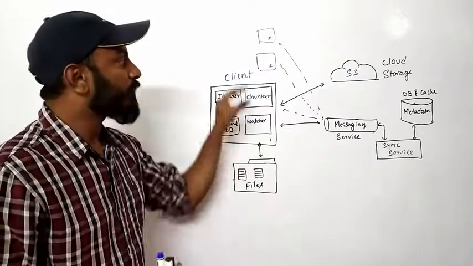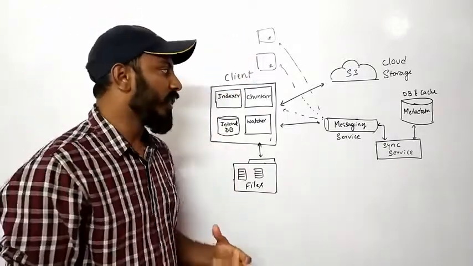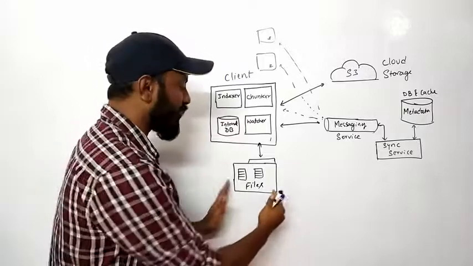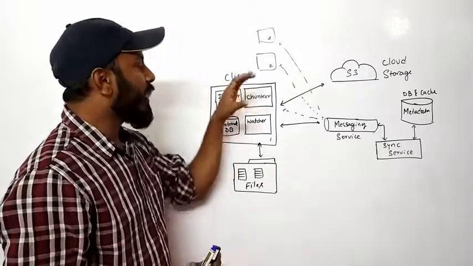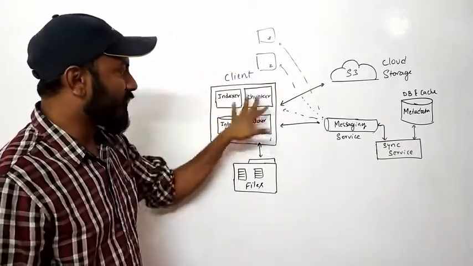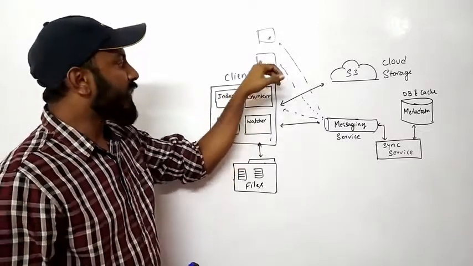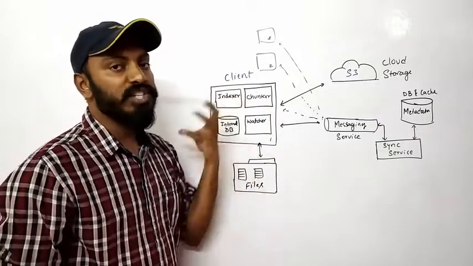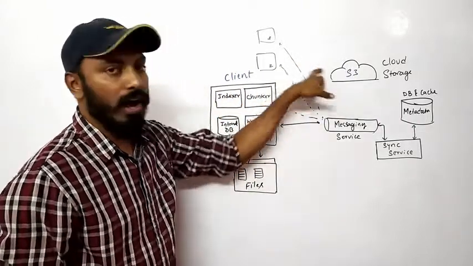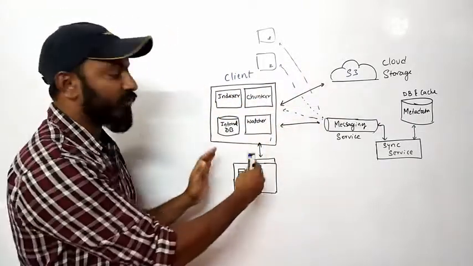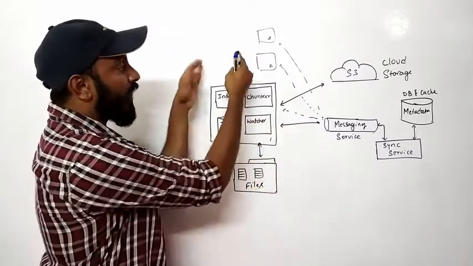Now these clients learn that a file addition happened to this folder. They obviously have the same kind of components here, and the indexer will now fetch back those chunks from the cloud and rebuild the file, syncing it back into their devices.